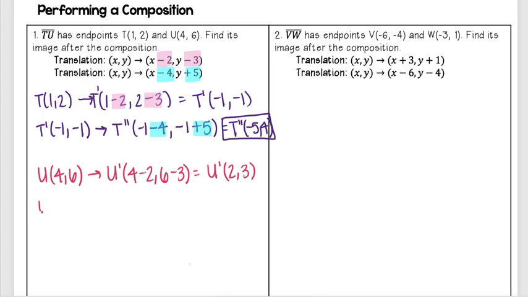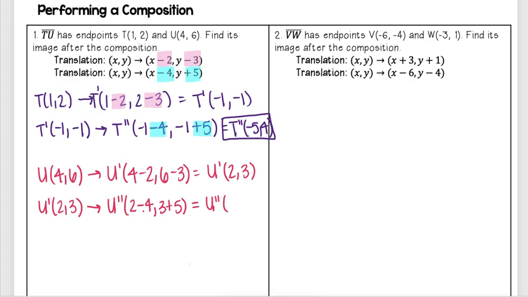And I'm going to go ahead and rewrite my translated point here. And now I need to translate it a second time. And since I'm translating a second time, I now need u double prime. And in my second translation, I am subtracting 4 from x, so I'll have 2 minus 4. And adding 5 to y, so I'm going to have 3 plus 5.